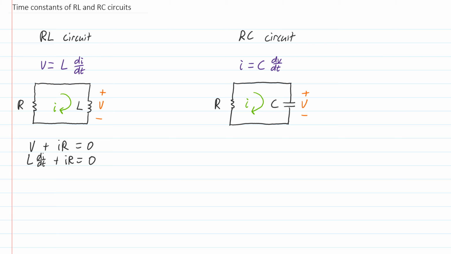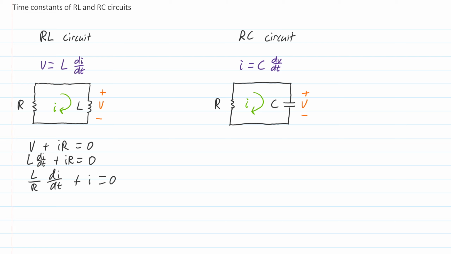Then I can rearrange, put all the coefficients together, and write it in this form: L divided by R times di/dt plus I is equal to 0. And that's the differential equation that describes an RL circuit.